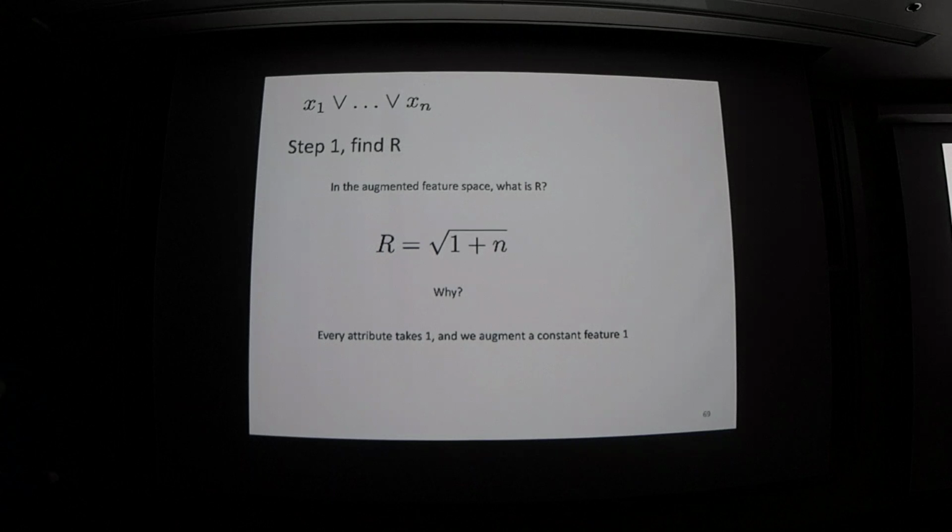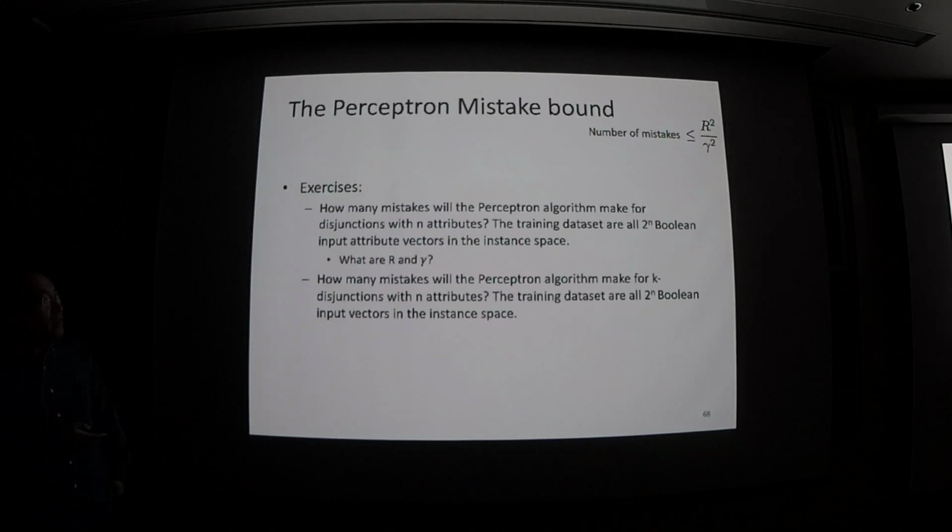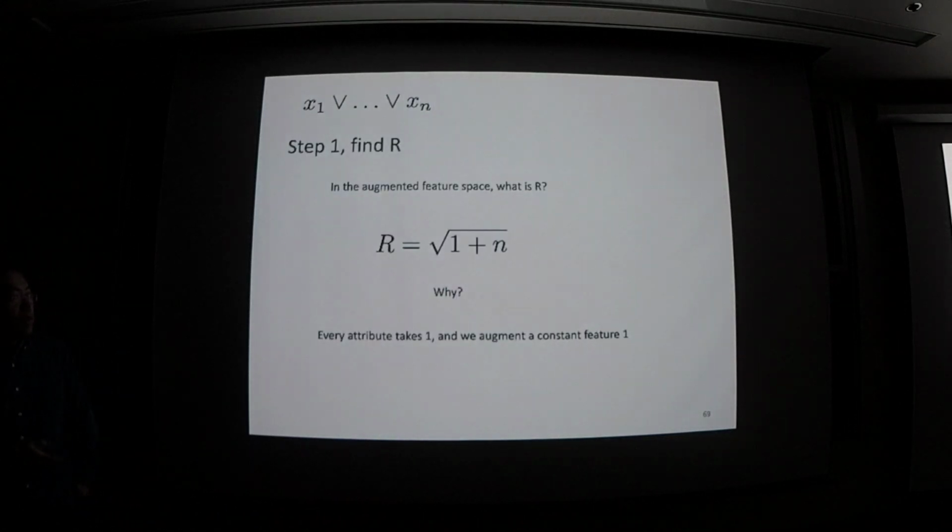First, let us consider how to apply this mistake bound theorem. To apply it, first we need to know what is the upper bound of the norm of the input vectors. Remember, we have n-dimensional Boolean features. So what's the maximum length of your Boolean input vectors?